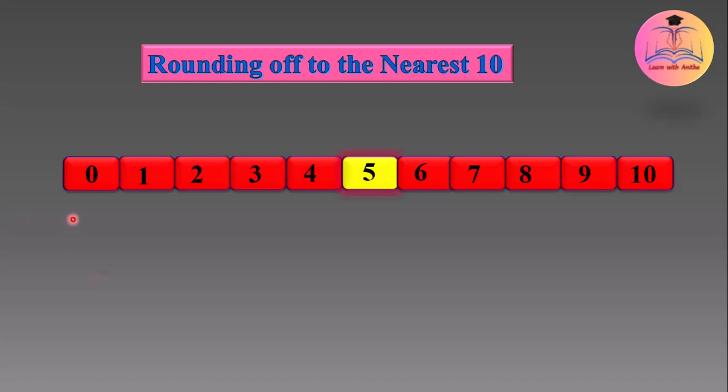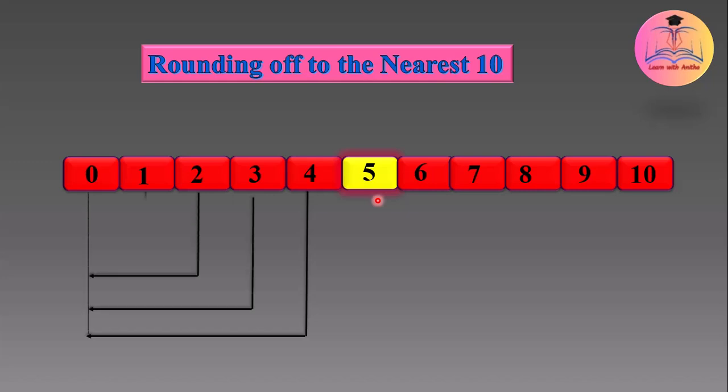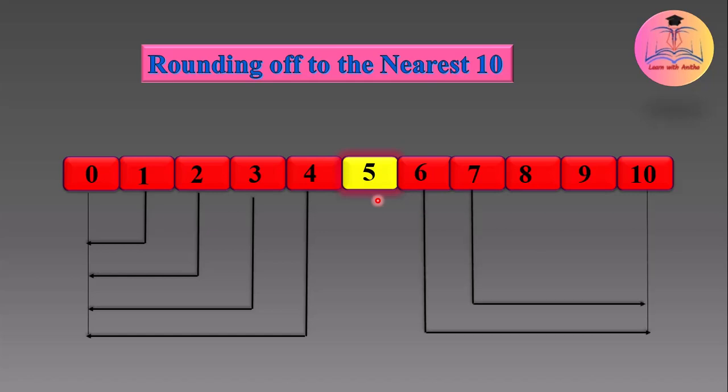It starts from 0 and ends at 10. 5 is the middle number here. So the digits 4, 3, 2, 1 are placed nearer to 0 as compared to the digits 6, 7, 8, 9 which are nearer to 10.